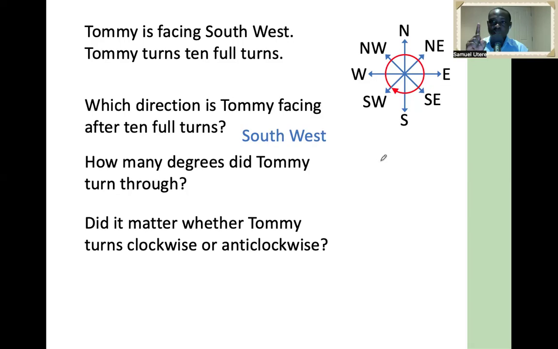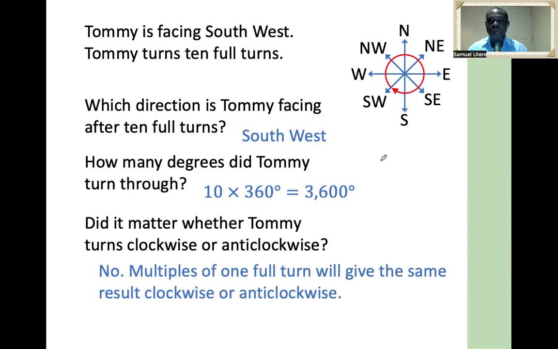So one full turn is 360 degrees. 10 full turns will be 360 times 10. So that will be 3,600 degrees. Now, it didn't matter whether Tommy turns clockwise or anti-clockwise, because he will still return to southwest where he should be. All right, so we'll get the same result.